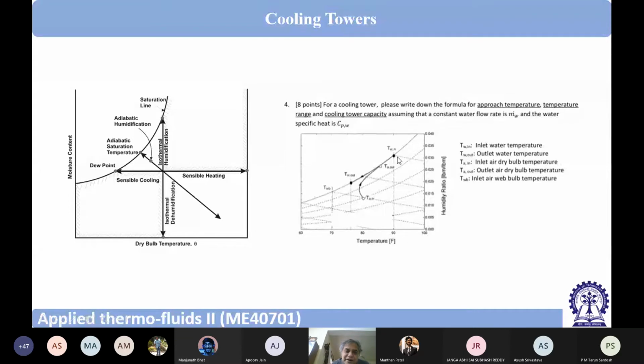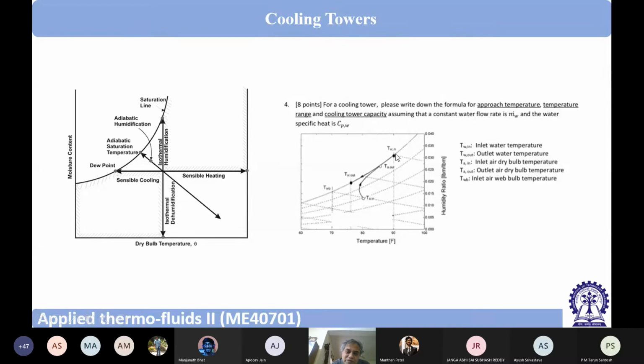At 90 degrees Fahrenheit, water enters the cooling tower. And here this is the ambient air condition. So for the ambient air, we can get its temperature, probably it is 80 degrees Fahrenheit, and it is not 100% saturated. Some degree of saturation is there. So it is unsaturated.